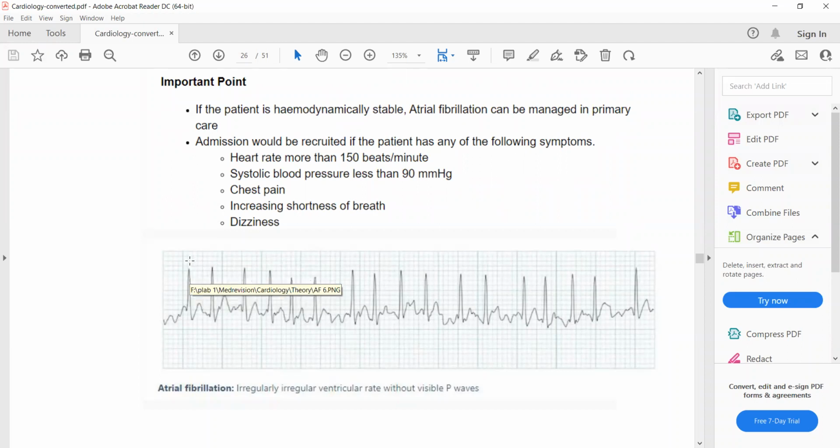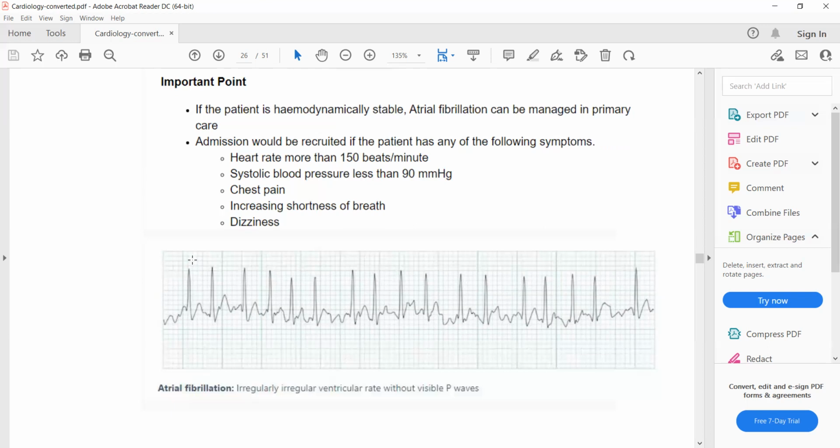Remember that normally on a normal ECG, Q wave is not present. A normal ECG contains only two waves, R and S wave. The first positive wave is R wave, like here. This one is R wave, and the first negative wave is S wave. This one is an S wave.